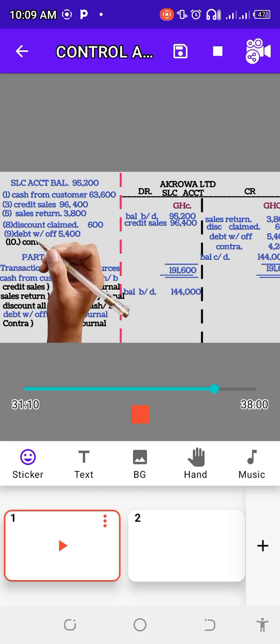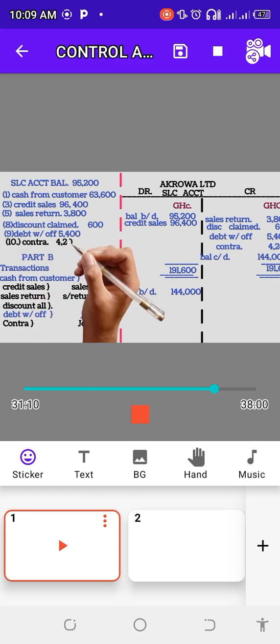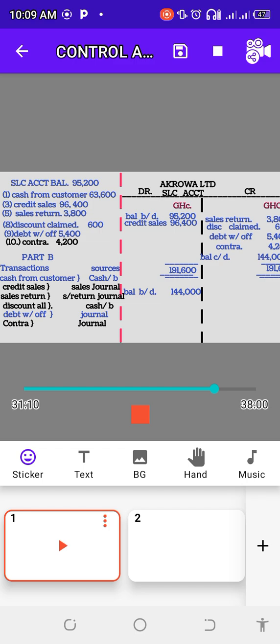So these are the transactions that pertain to sales ledger control account, and there's the book of prime entry where they are originated according to the question. So we have answered items 1, 3, 5, 8, 9 and 10. We have given the source, the book of prime entry where their information originated.